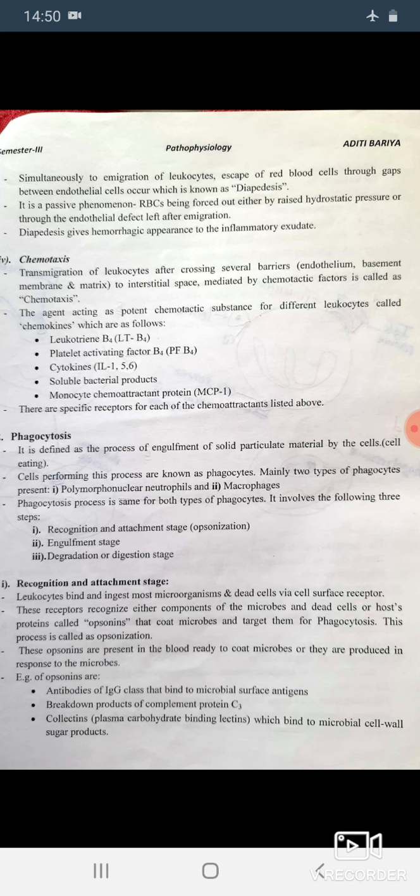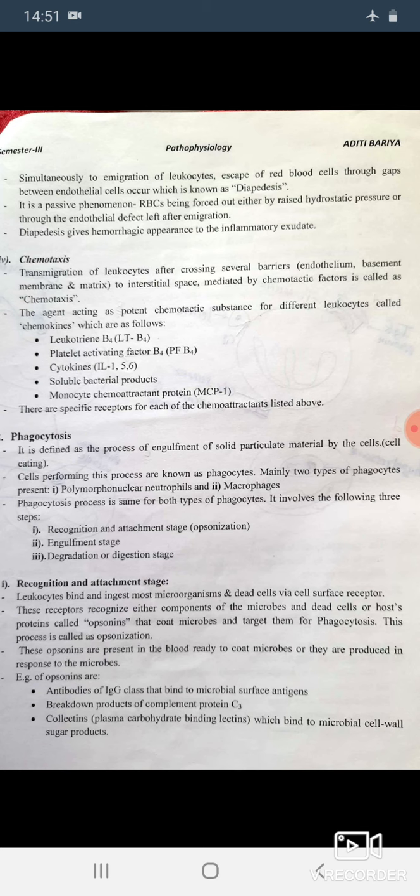Okay, first of all, do you know which cells the macrophages are? You have heard about neutrophils, a type of WBC. Macrophages are also a type of WBC, and that is monocytes. When monocytes are present in the blood vessel, they are called monocytes. But when monocytes leave the blood vessel and transfer into the interstitial tissue, they are then known as macrophages.